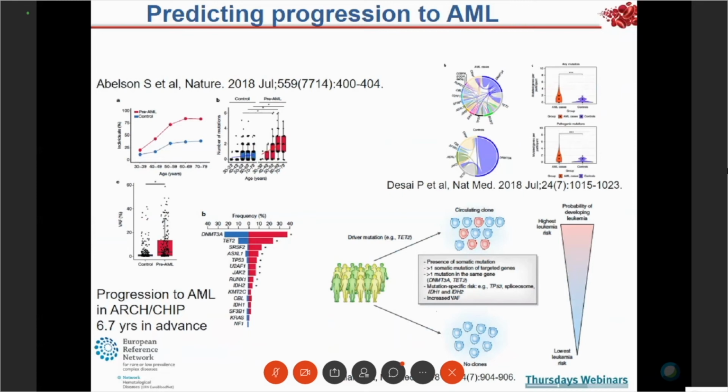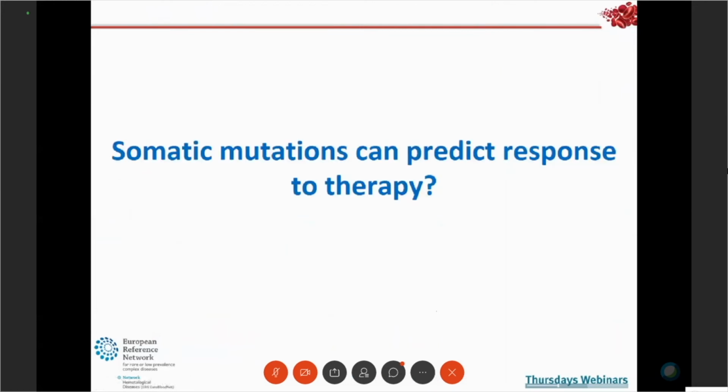Some mutations are more at risk, like IDH1 or TP53, and the variant allele frequency. So it's a powerful tool that we should really learn how to use to predict the progression in healthy individuals.